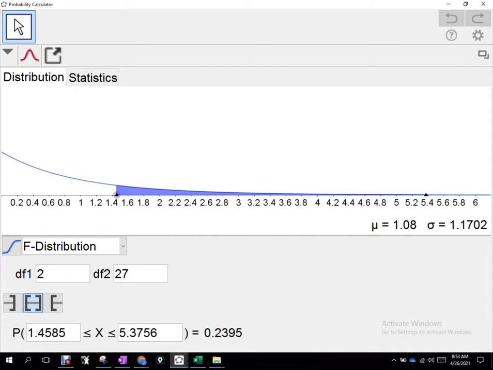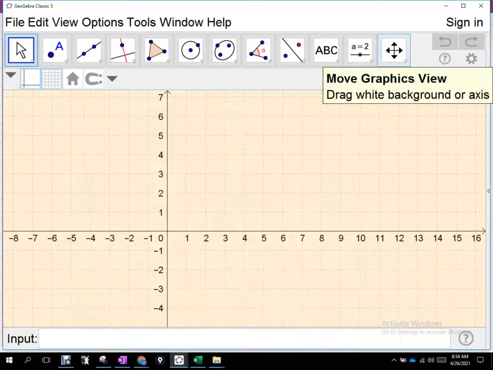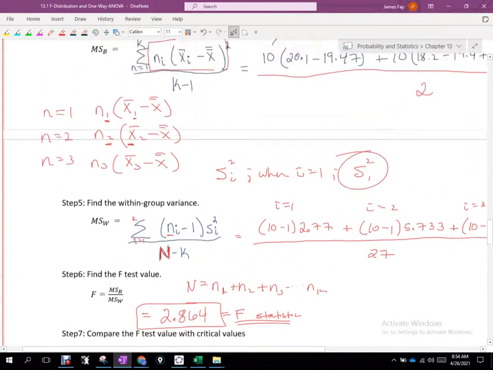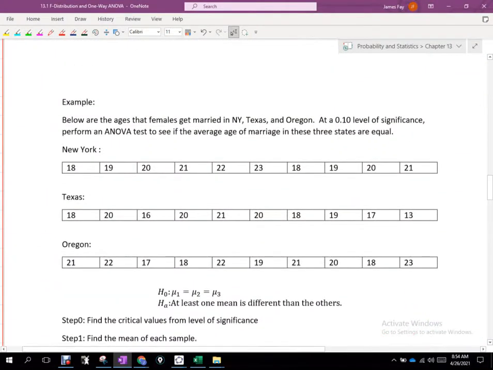One way of doing this is to click on this right-tailed object right here, that symbol is showing you that it's going to do the right tail. To find our critical value, we have to type in what we wanted our alpha to be. If we go back up to the original problem, it said we want a level of significance alpha of 10%.